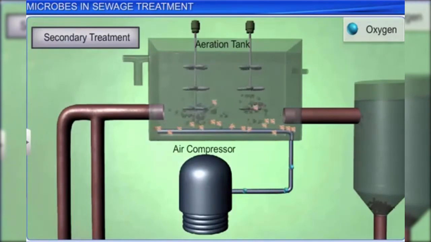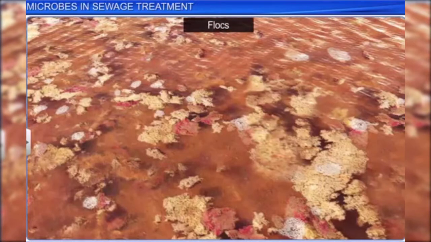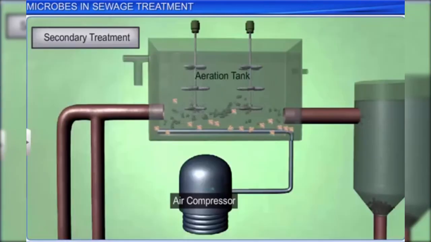As a result, aerobic bacteria naturally present in the effluents grow into flocks, which are mesh-like structures formed by groups of bacteria in association with fungal hyphae or filaments. In the presence of oxygen, these growing aerobic microbes consume the organic matter present in the effluents.